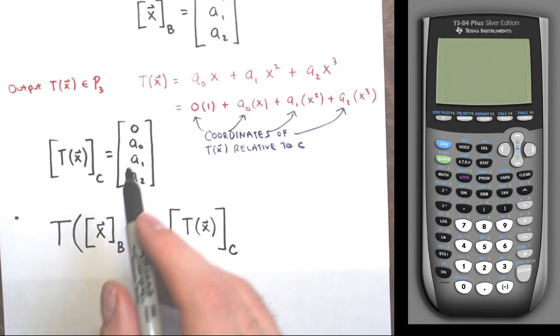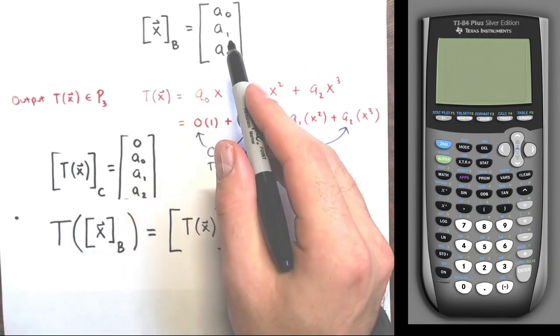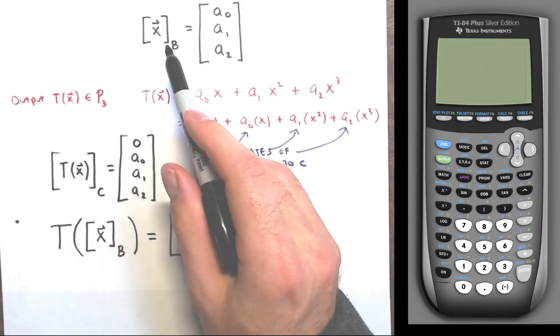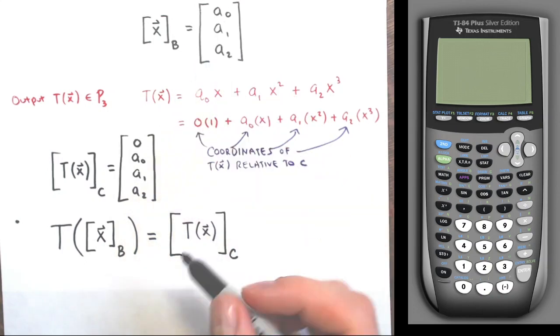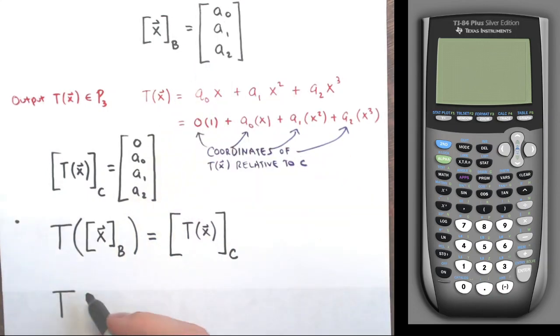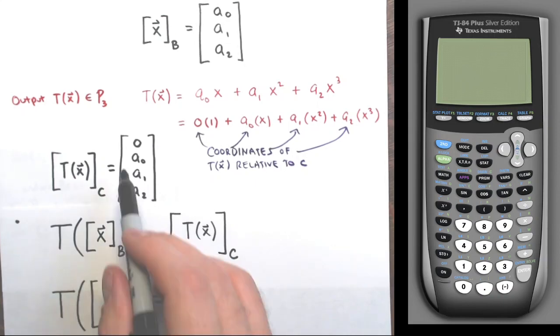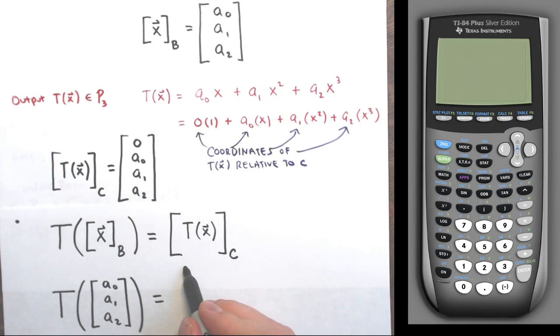So popping these in, here is my coordinate vector for any input with respect to basis B. So we're getting this rule here, T of the vector a0, a1, a2 would be equal to the coordinate vector of the output with respect to basis C, and I showed you here, 0, a0, a1, a2.